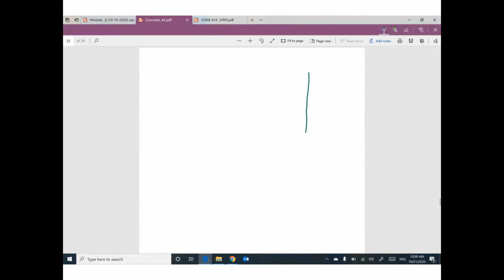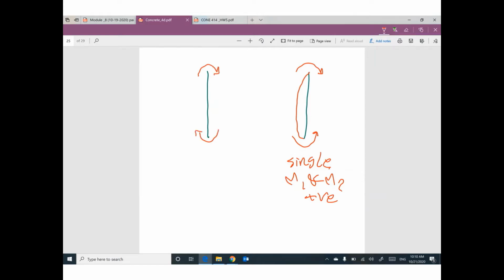If you have a beam, if you have a column, and this moment like this, and this moment like this, can you tell me what is the deformation of this column? I believe this column will smile like this. So it's a single curvature. So M1 and M2, both of them are positive. If you have a column, for any reason, we have a moment like this, and this moment in the same direction like this, I believe the deformation of this column will be like this.